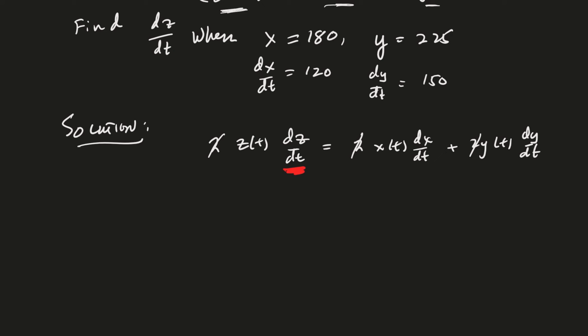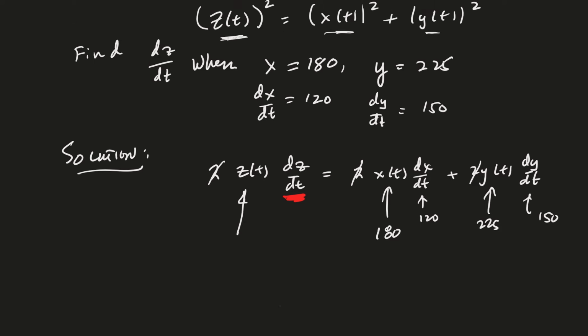So let's plug in our numbers for everything else. x of t is 180, dx over dt is 120, y of t is 225, dy over dt is 150. Do I have values for everything? I still need a value for z. What's my value for z?